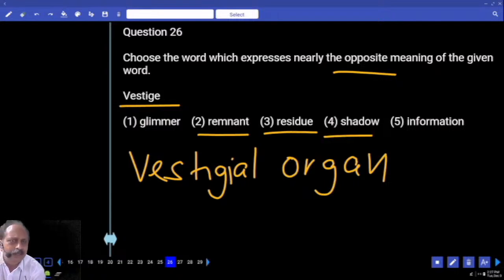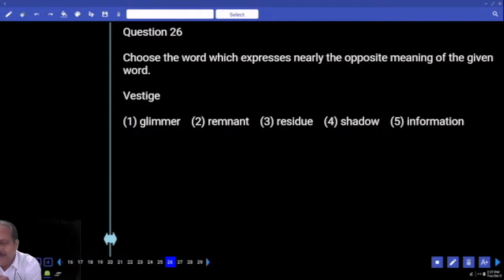That is ridiculous in my opinion. The answer should be glimmer. That also I doubt. We don't know what context they have chosen, but vestige means something that is not useful, no longer useful. So perhaps they have chosen information useful or not useful. That could be the reason, but not exactly the opposite.